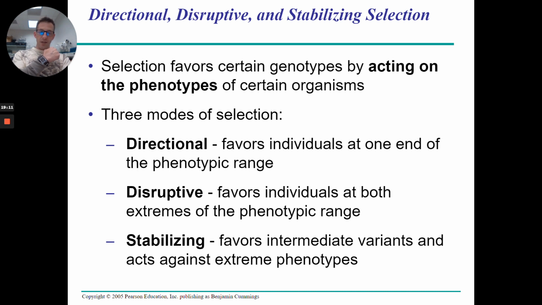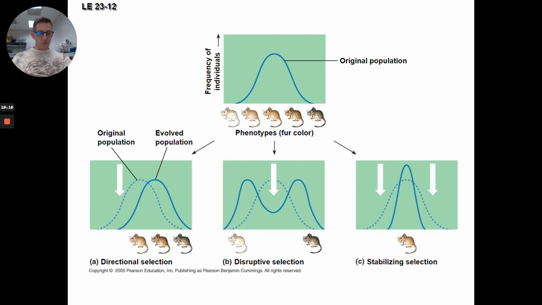And stabilizing selection favors intermediate variance and acts against extremes. This goes back to when I discussed the different types of variation earlier in this lecture, where we looked at genetic polymorphisms and quantitative characteristics, where you see a bell curve, indicated here with the color of these mice. You have mice on the extreme end on this side that are white, and on the other extreme end they are dark brown or black.